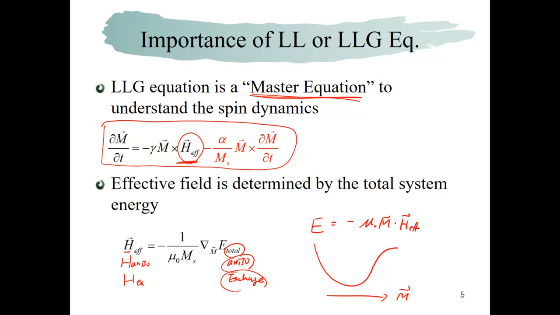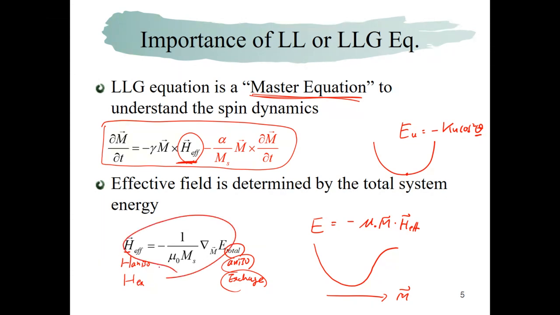Just simply imagine the anisotropy energy. It has this form, where the cosine of theta means the direction of the magnetization. So it has an energy minimum at theta equal to 0.